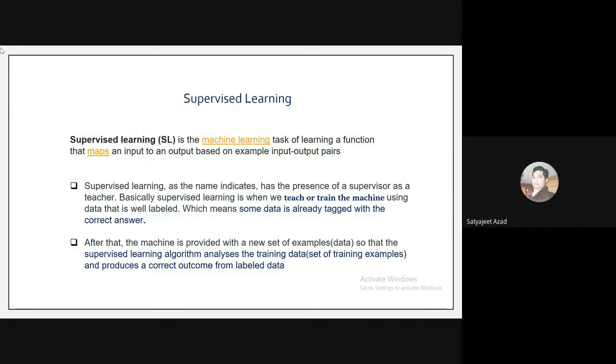For example, typically in university, a professor teaches you, supervises you, and then gives you a test. So this is how supervised learning works. In supervised learning, the machine's task is to learn a function that maps an input to an output based on example input-output pairs.